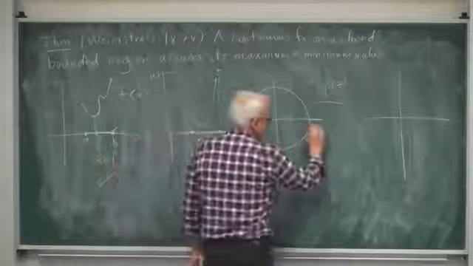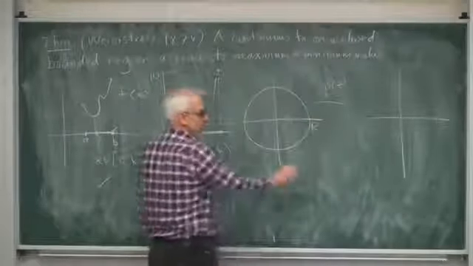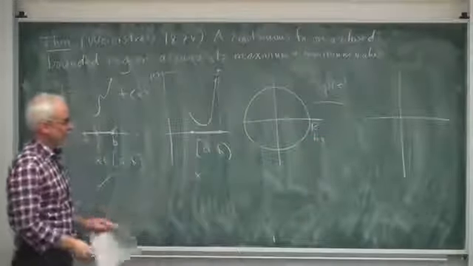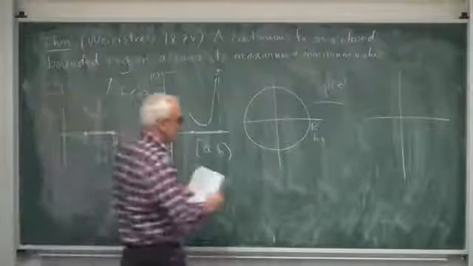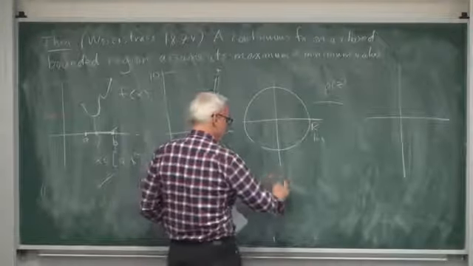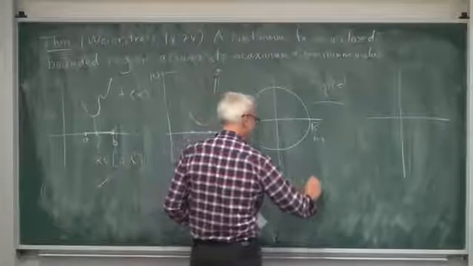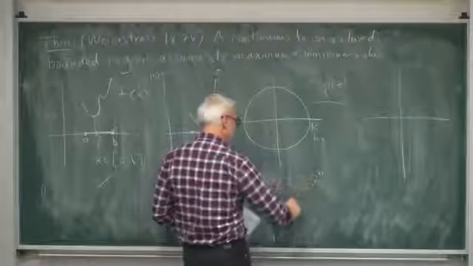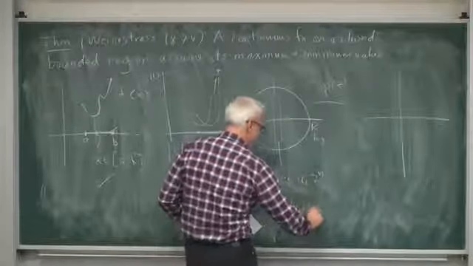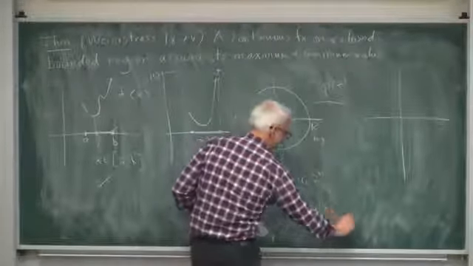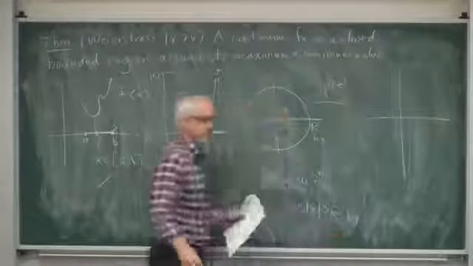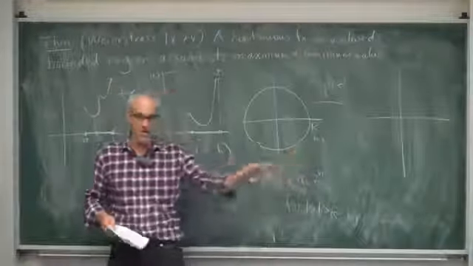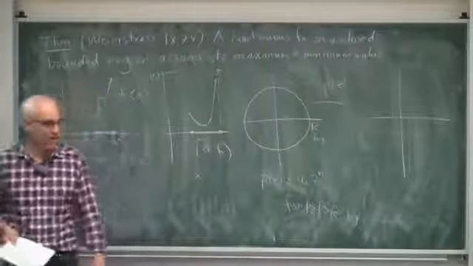Well, you choose some radius r, which is big, and if the radius r is big, then the polynomial p of z behaves a lot like the leading term, a0 z to the n, for mod z bigger than some big r. When you look at very big values, the first term dominates and all the other ones are relatively inconsequential.